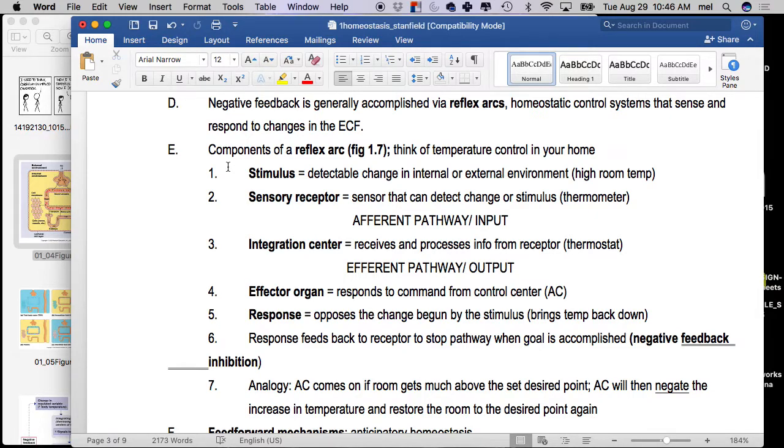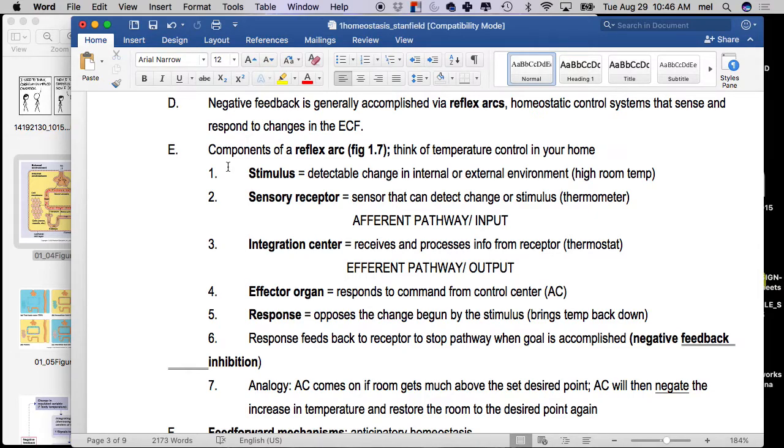That place is called the integration center, generally. Does anybody know what the integration center for body temperature is? It is the hypothalamus. In phys, if you can't figure it out, guess hypothalamus, honestly, because that thing is so anatomically unimpressive and it does like every damn thing physiologically.